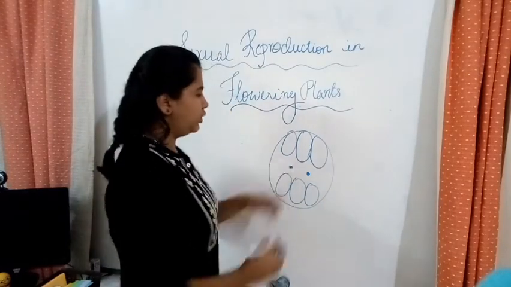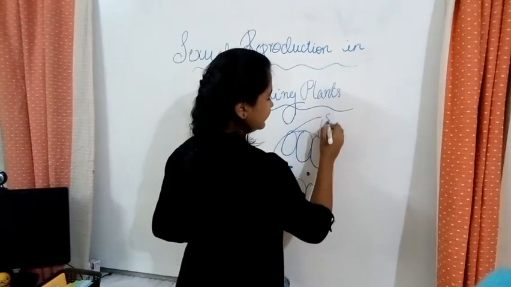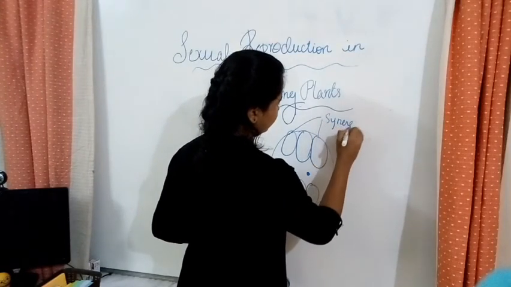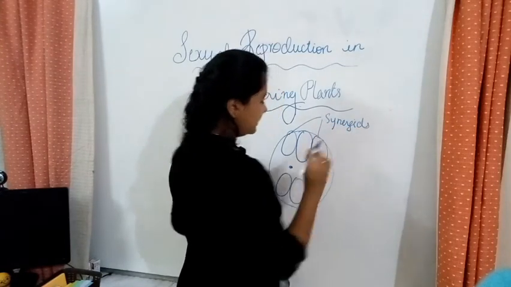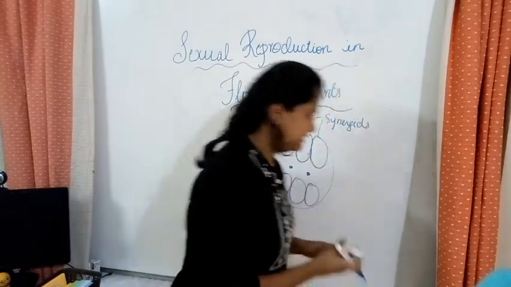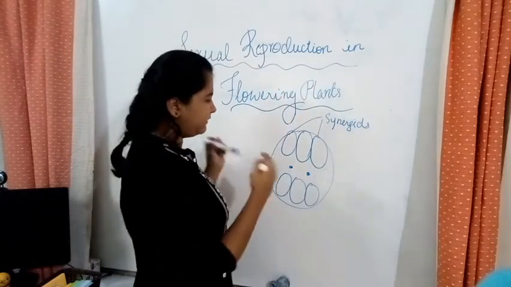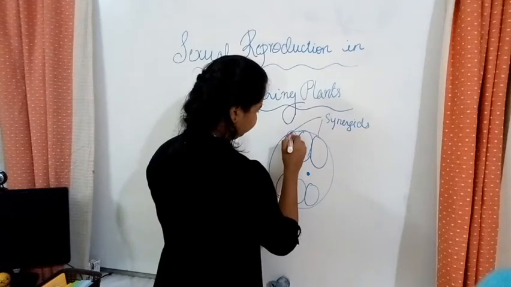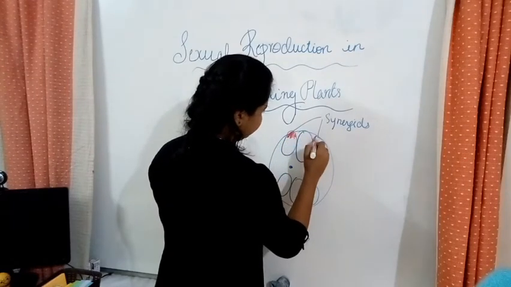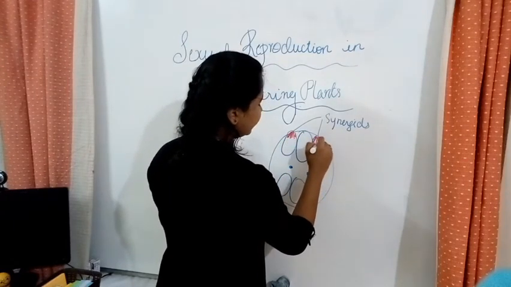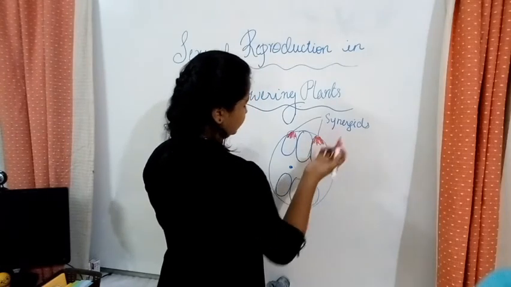These 2 are the synergids. The synergids have something known as the filiform apparatus, which is a thickening on the synergids.